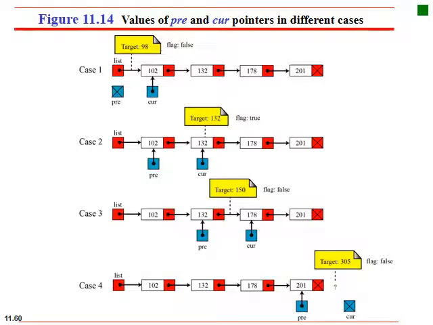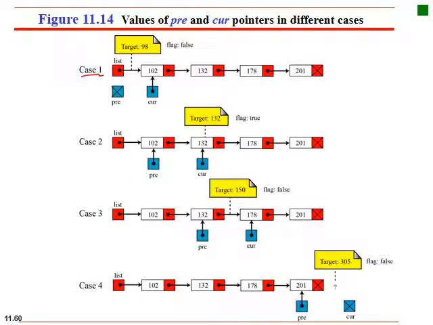Right, so let's look at the values pre and cur, the previous and current pointers, in different cases. So we will quickly examine a few cases. The first case we're going to examine is a case where we will have to search for a value that first of all does not exist in this list.